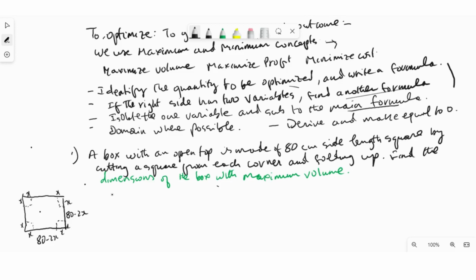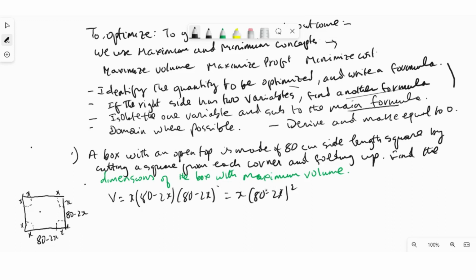Therefore, since it's a box, the volume will be length times height times width. Our height is x. Therefore, 80 minus 2x, 80 minus 2x, which is the same as x times (80 minus 2x) squared.